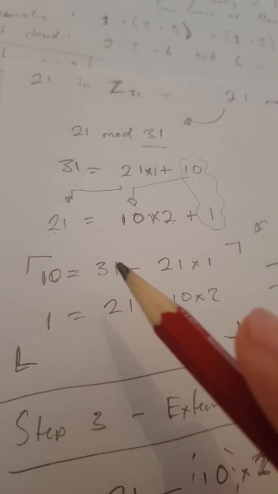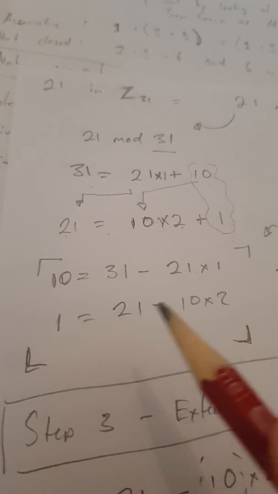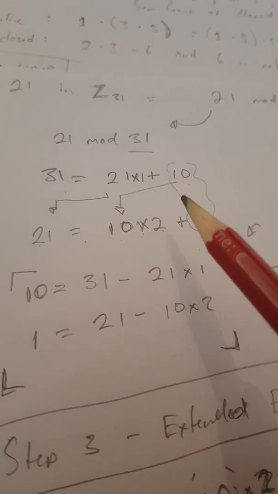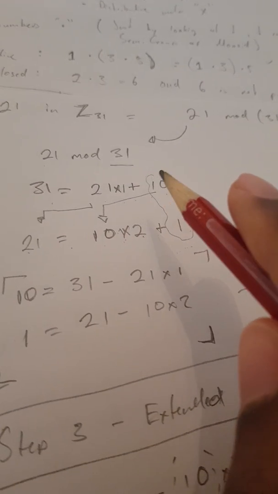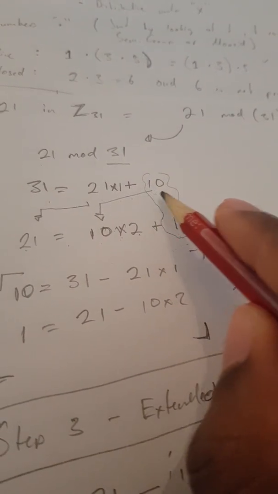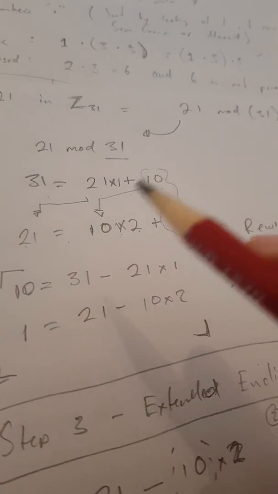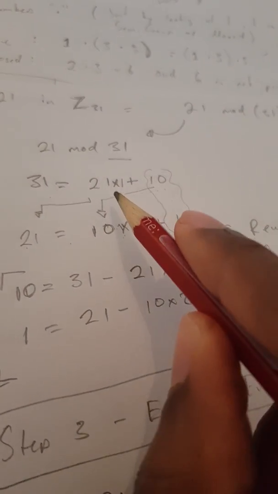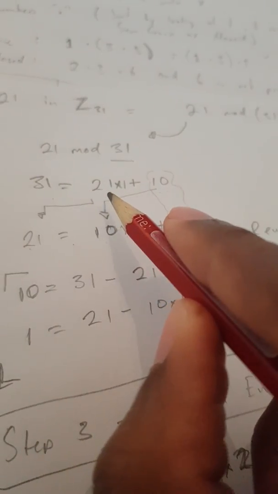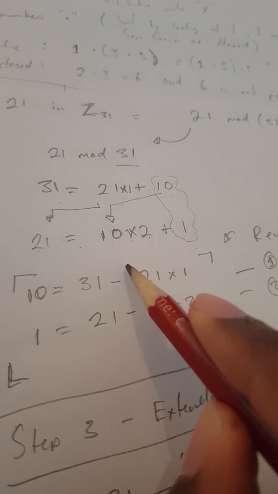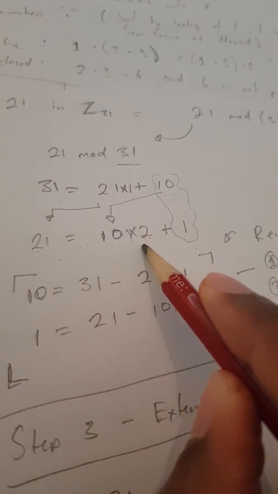So now we have these two equations. Euclid Extended says we have to rewrite each remainder as the subject of the equation. So 10 is equal to 31 minus 21, and 1 is equal to 21 minus 10 times 2.